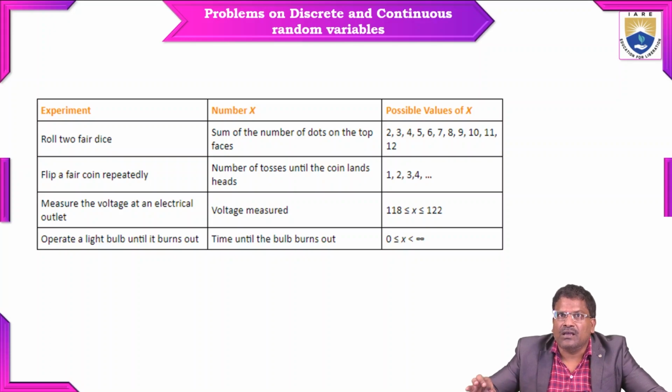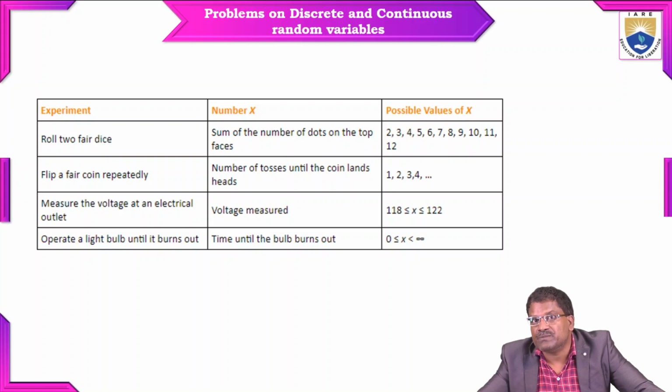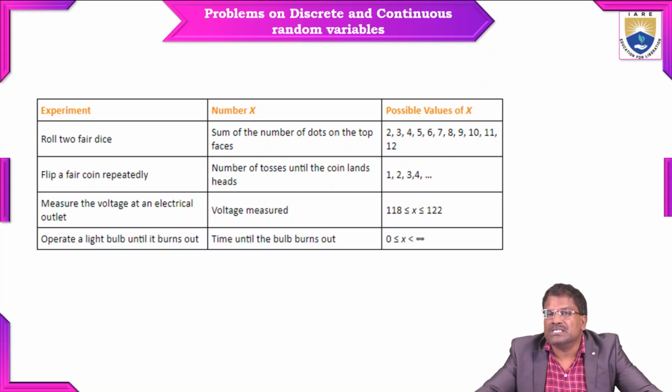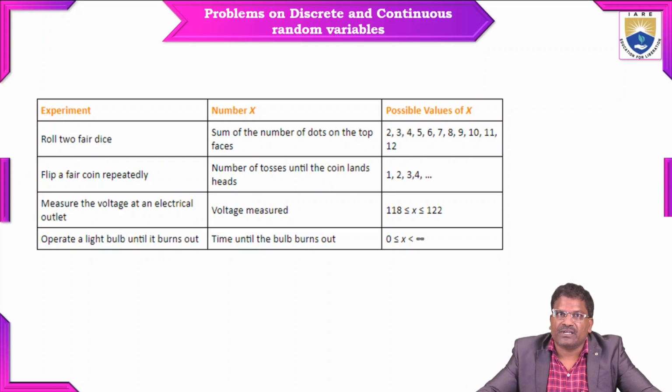Then their sum may become 2, 3, 4, etc. It goes up to 12, 6 plus 6 being the maximum. So for this parameter, the sum goes from 2 to 12 for 2 fair dice.